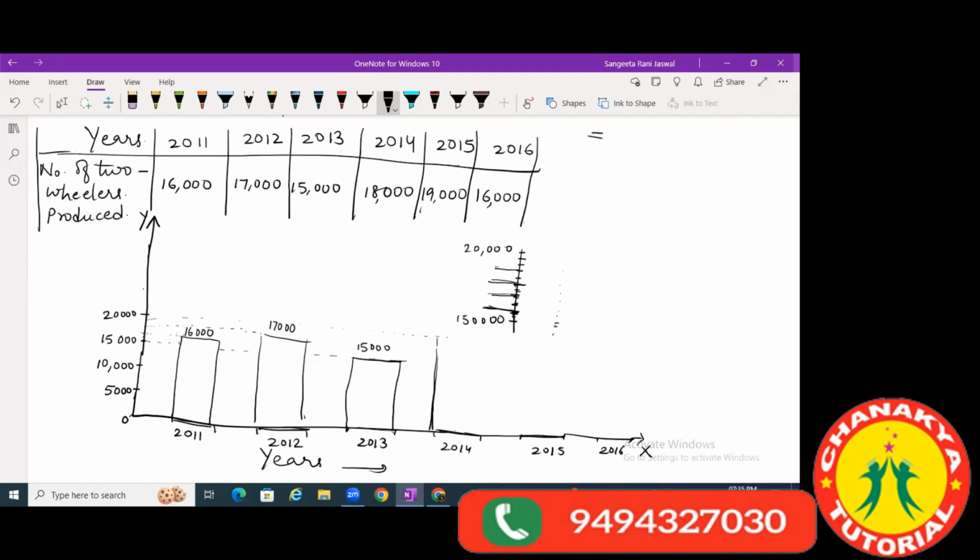Okay, beta, you can leave. So just 4 lines above 18,000, you have 19,000. Right? Yes, ma'am. So that's 19,000. And in 2016, you have 16,000. So 16,000 is just 2 lines above 15,000.